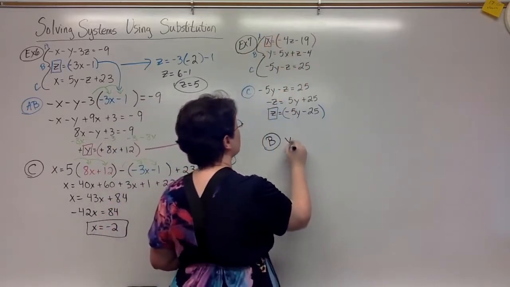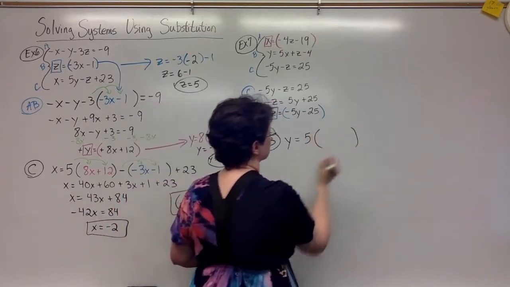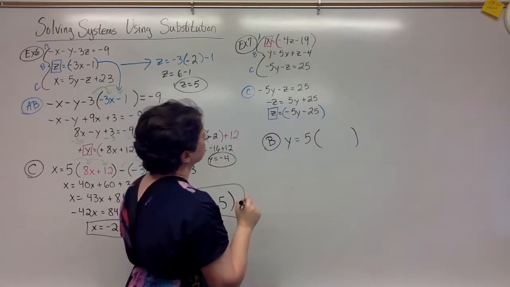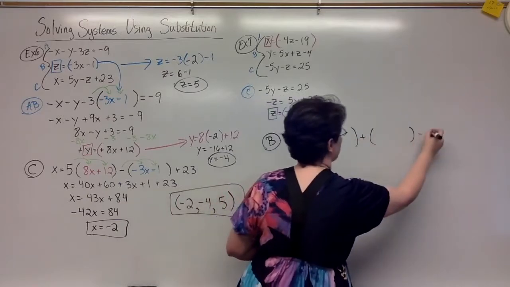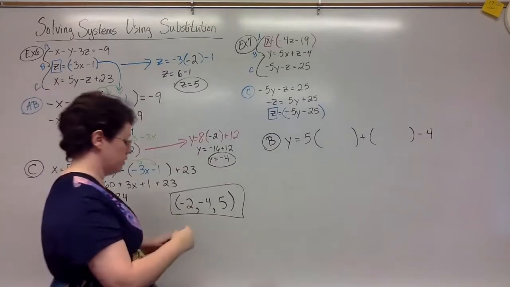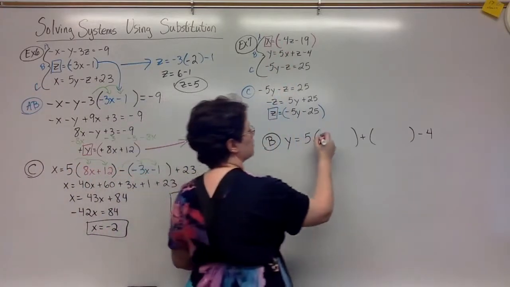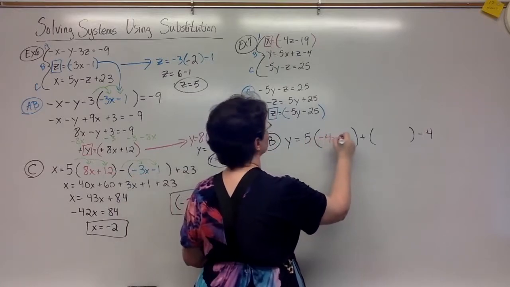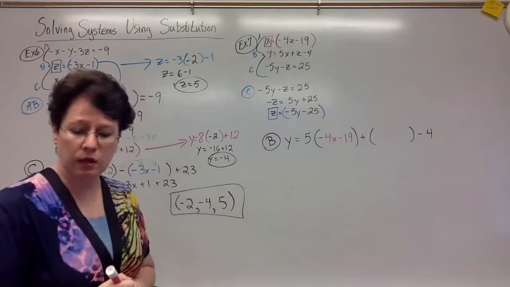Okay, so I have Y equals 5. There's an X, parentheses. Plus z, parentheses, minus 4. All right? So now what am I plugging in for x? For x, we're plugging in minus 4z minus 19. Okay?